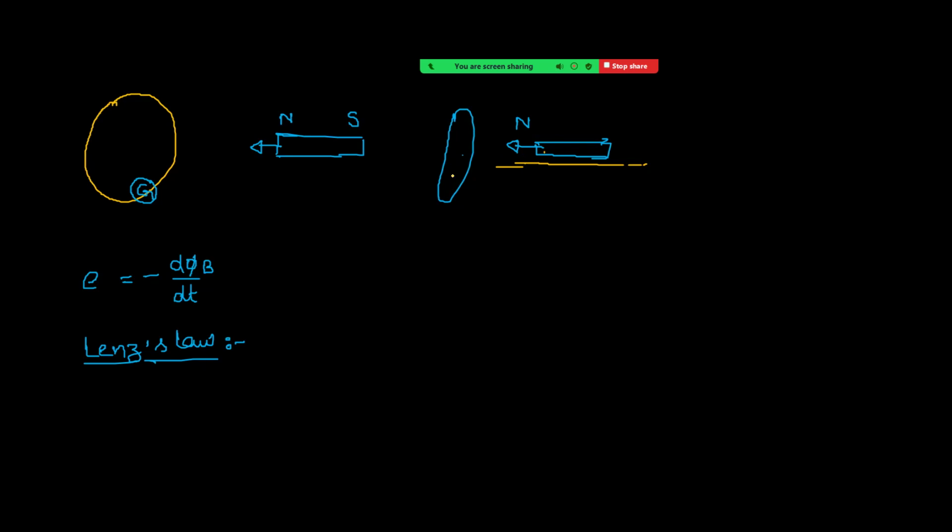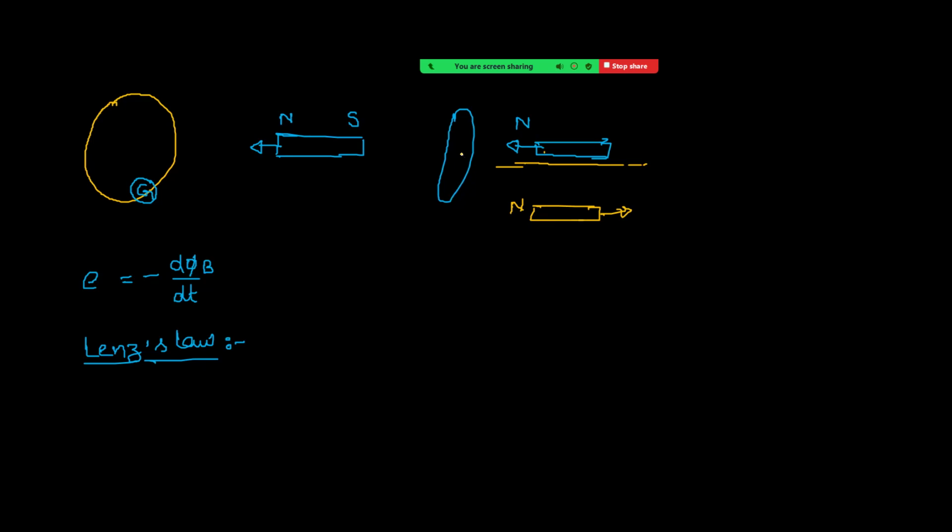So in that way, we can decide the direction of current. For example, in the same experiment, if the magnet moves away from the coil, with this the north pole, then see what happens. When it moves away from the coil, this face will become a south pole.